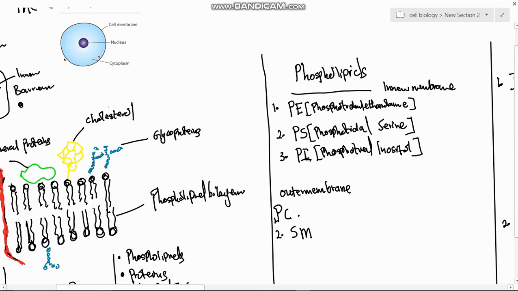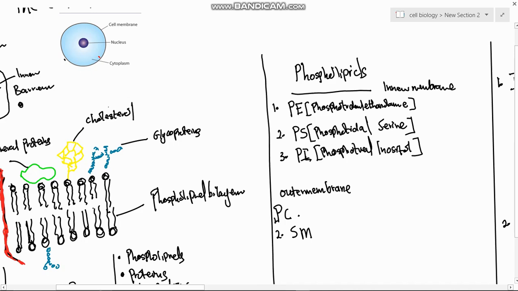So these are the phospholipid components that are found within the inner membrane. So either we have the phosphatidylethanolamine or the phosphatidylserine or the phosphatidylinositol.